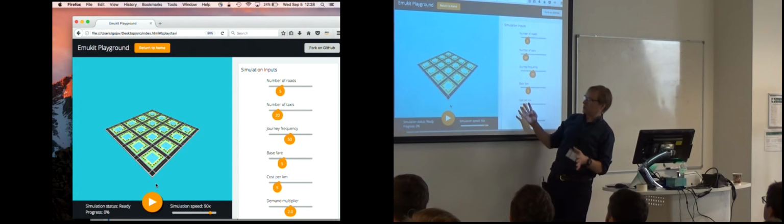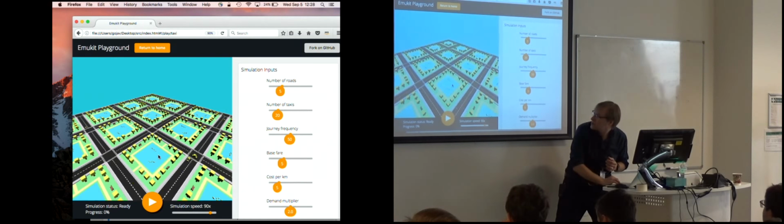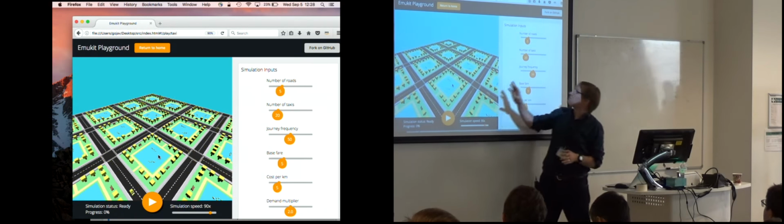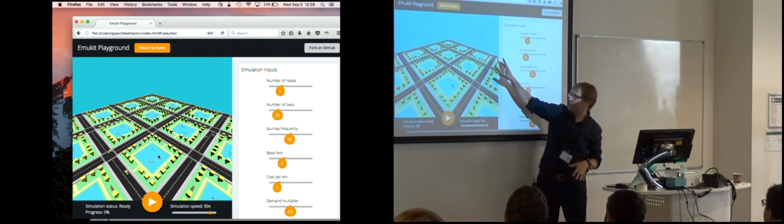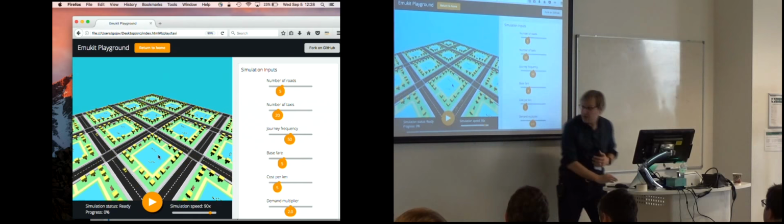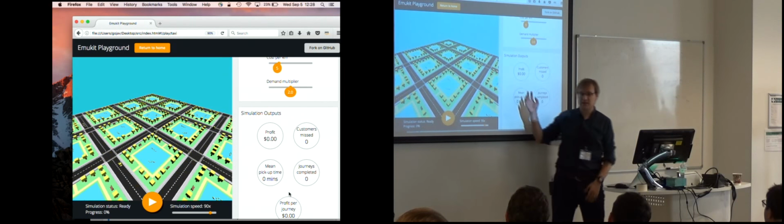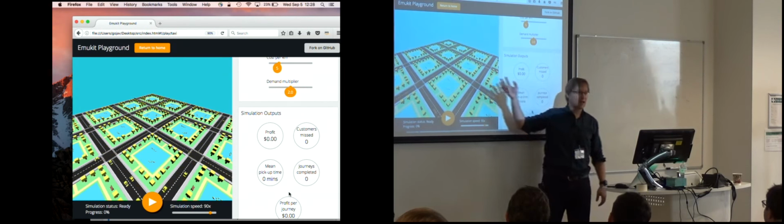So this is a simulator of a city. We have cars. Let me see if I can make this bigger. So basically, we have a city. We can select the number of roads that we have in the city. We can select the number of cars. So imagine that I want to optimize the profit that I have if I have a taxi company with a number of cars.